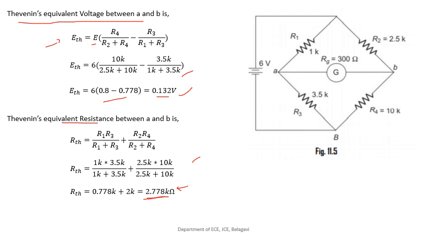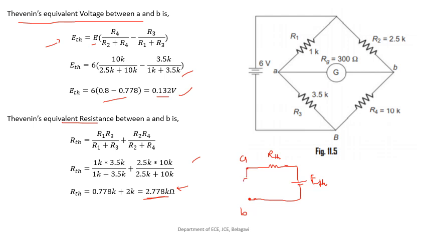Then next you have to substitute here, like you have point A and point B, and you have calculated the resistance RTH and the Thevenin voltage ETH. Now, what we did was we opened the A and B terminal, right?